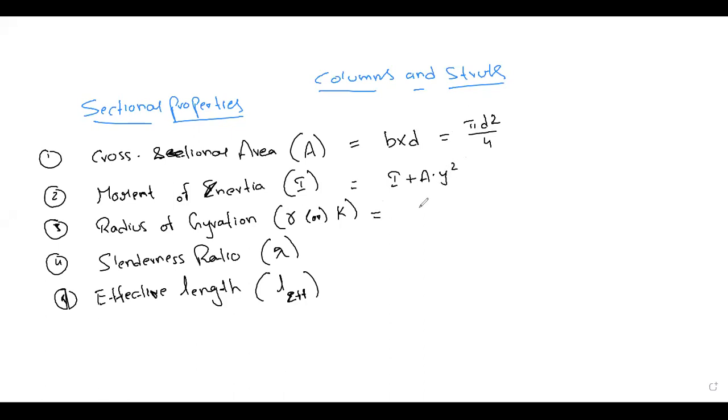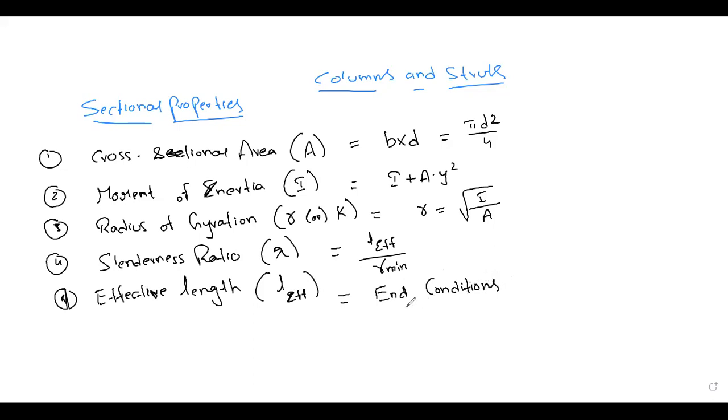Radius of gyration r is equal to root of I by A. Lambda is equal to L effective by r minimum. L effective, how to calculate the L effective? L effective is going to be calculated based on the end conditions. Okay. So what are the end conditions? Everything we are going to study in the coming classes.